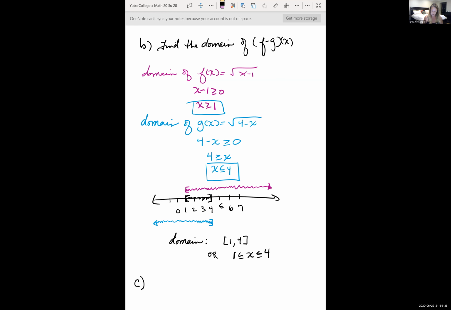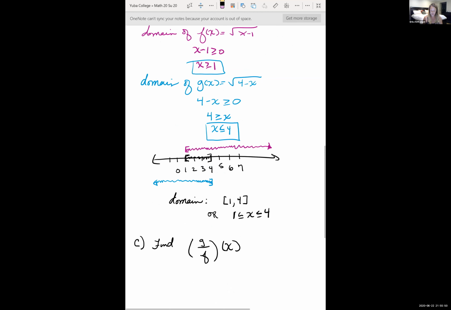Okay, so what if it said find g divided by f of x? So this is g of x all over f of x. We have to put on the stipulation that f of x cannot equal 0.